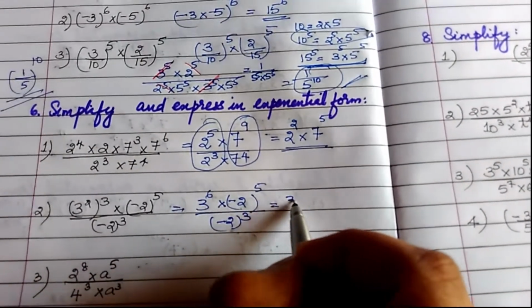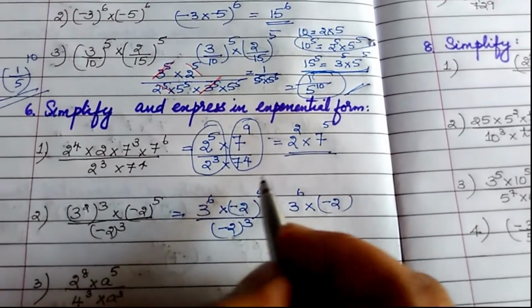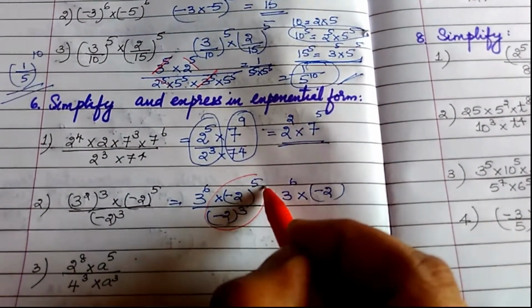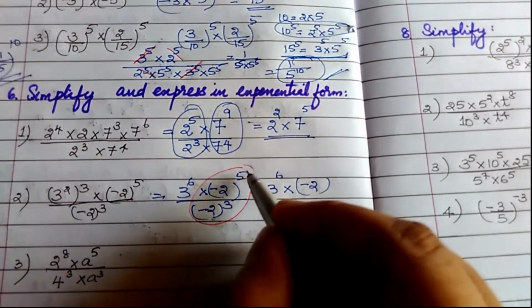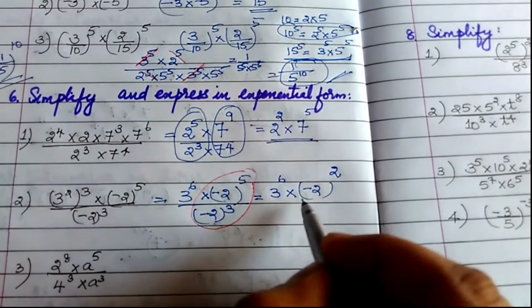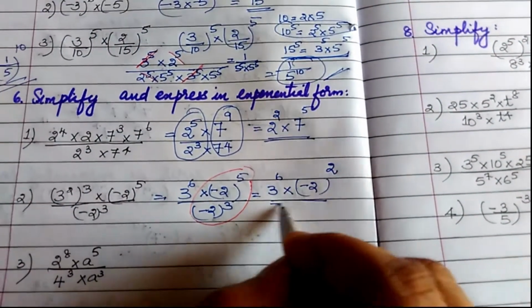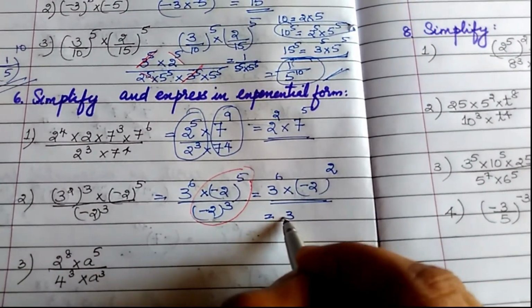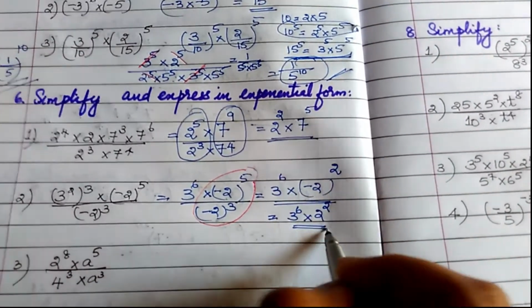That is equal to 3 to the power 6 into minus 2 to the power, here these two, it is division. So it is minus 2 to the 5 minus 3 is 2. So this is the answer. That is equal to minus 2 twice, if you multiply, it is positive. So you can write like this.